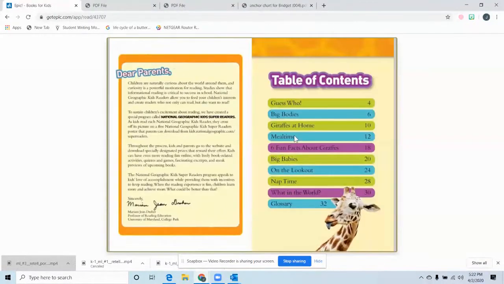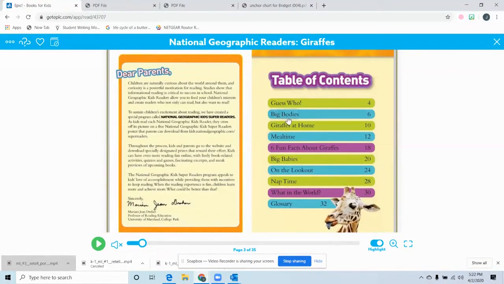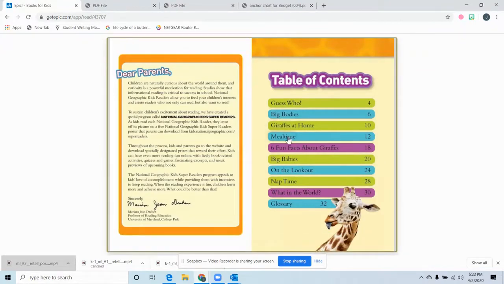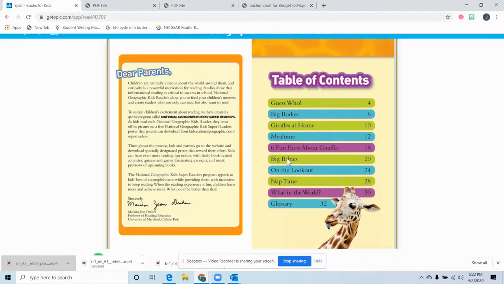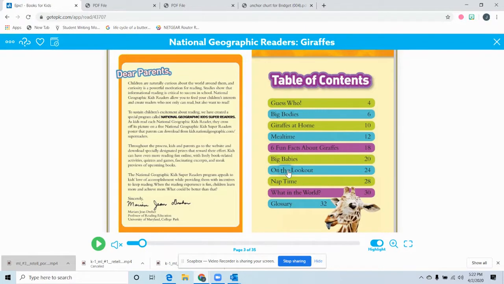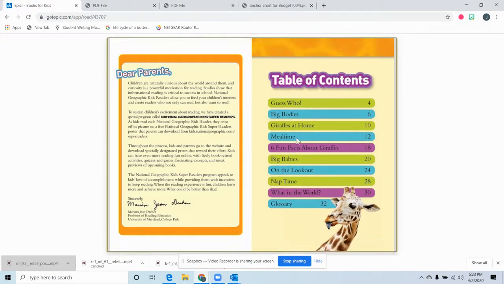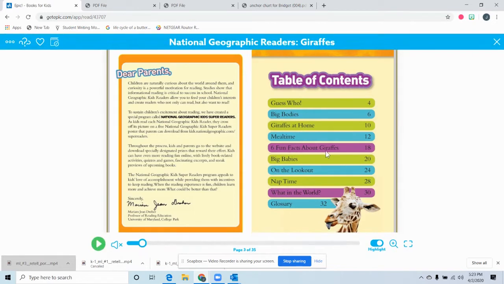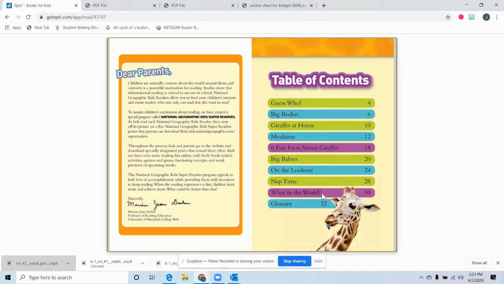Right here. So we did big bodies, we did mealtime, we did big babies, and we did on the lookout. So you could do giraffes at home, fun facts about giraffes, nap time, or what in the world. Those are the sections that you could do.